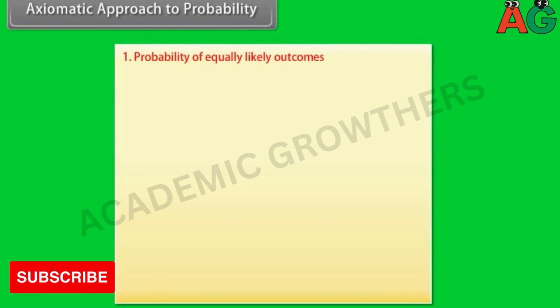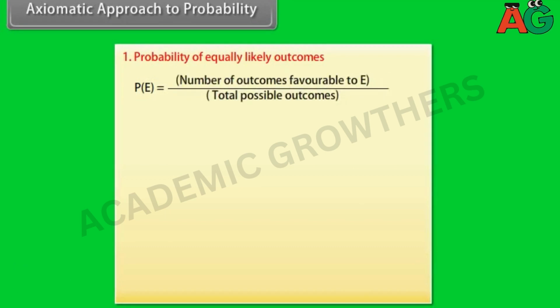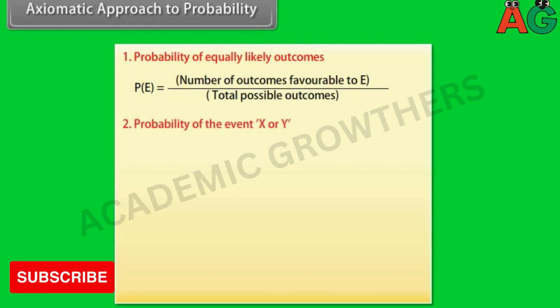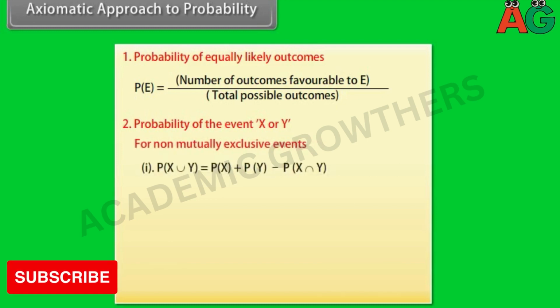Probability of equally likely outcomes: P(E) is equal to number of outcomes favorable to E by total possible outcomes. Probability of the event X or Y. For non-mutually exclusive events, P(X union Y) is equal to P(X) plus P(Y) minus P(X intersection Y).